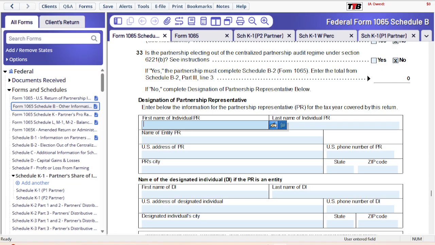And here we are just going to put P1 as the first name, and here we are going to put partner for the last name, and the address of that person, and you put the phone number of that person.